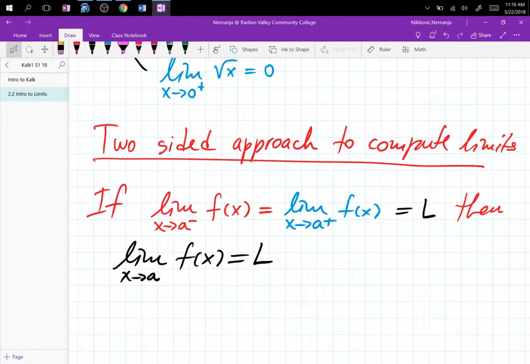So maybe let me just do the colors over here.